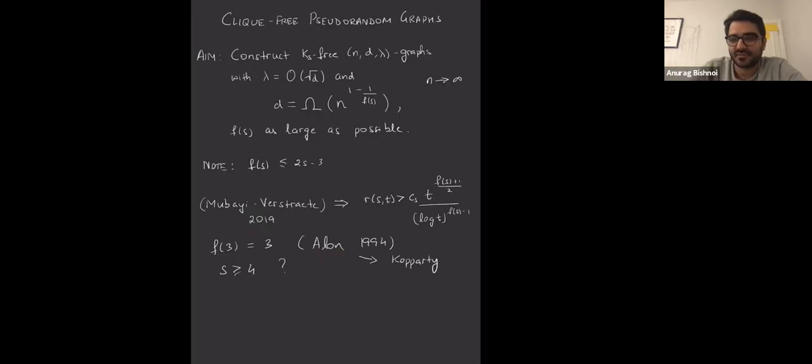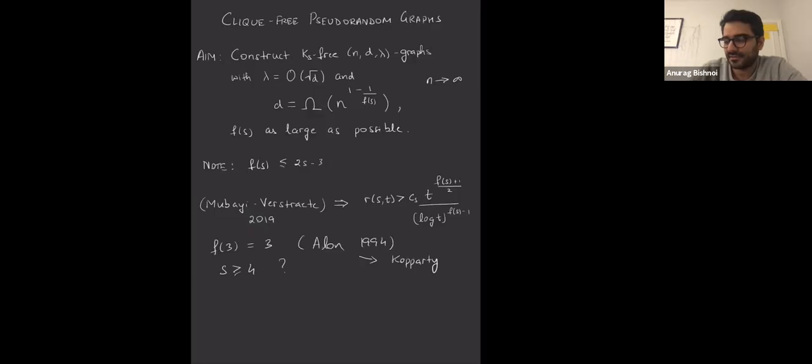In fact, this construction was motivated not just by having an explicit construction for Ramsey numbers, but also by some other problems. Whenever you have such a nice structure, you would expect wider applications, especially for nice pseudorandom graphs. So we do expect these graphs could be useful in many different contexts.